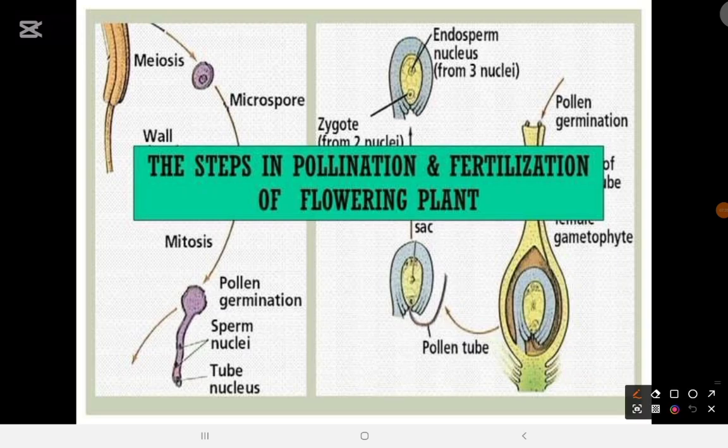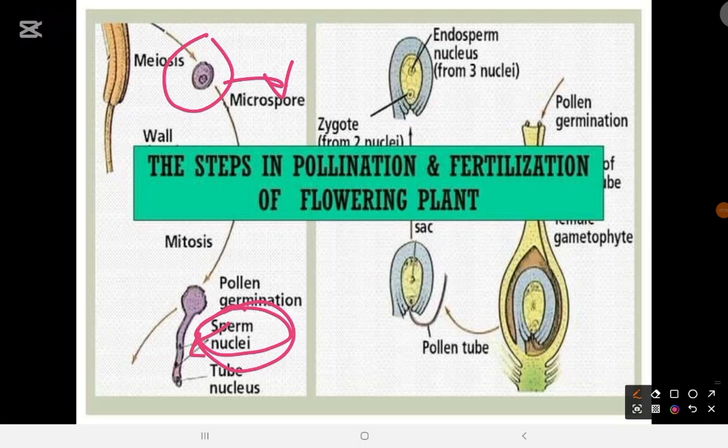So this shows the steps involved. We're going to see where by meiosis the microspores are created, and by mitosis the generative nucleus breaks into the sperm cells.